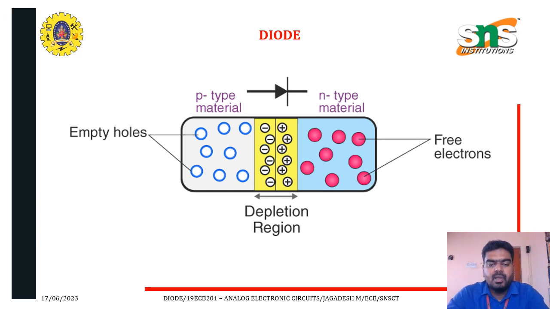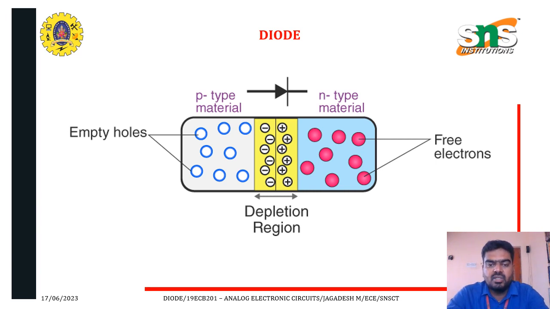In the P-type, the majority charge carriers are holes, and in the N-type, the majority charge carriers are electrons. Because of this formation, a junction is created between the two. That junction is called the depletion region. It has positive and negative ions, which create an electric field.